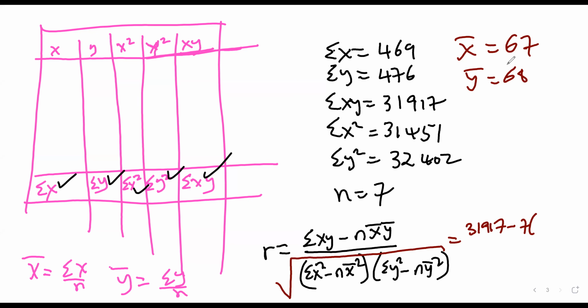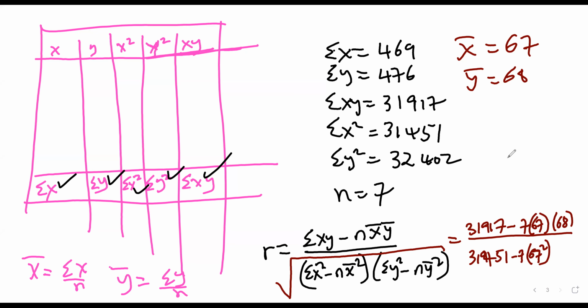So plugging them in here, we have 67 multiplied by 68. Divide everything by 1451 minus n, which is 7, and 67 squared.